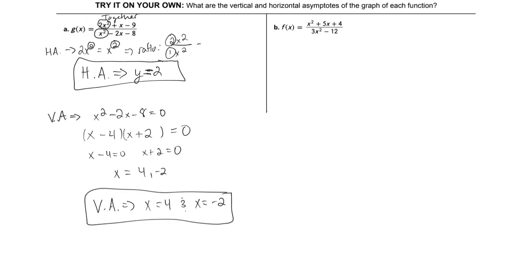So x minus 4 equals 0, x plus 2 equals 0. So x is equal to positive 4 and negative 2. Our vertical asymptotes are at x equals 4 and x equals negative 2. Okay, so why don't you try B on your own, pause this, and then I'll show you the solutions.